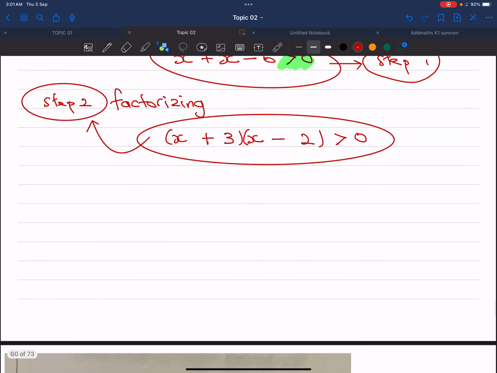Now, step 3. Step 3, we have to break up the factors.